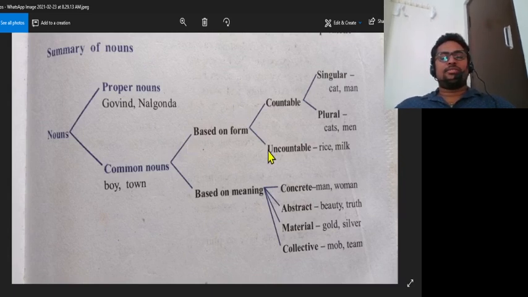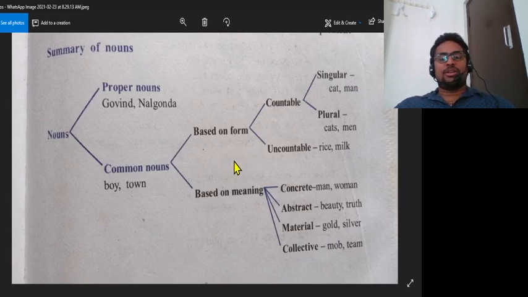Later we discussed based on the meaning. Common nouns are again classified into several types: concrete nouns, abstract nouns, material nouns, and collective nouns. Abstract noun denotes a quality or feeling: beauty, truth.